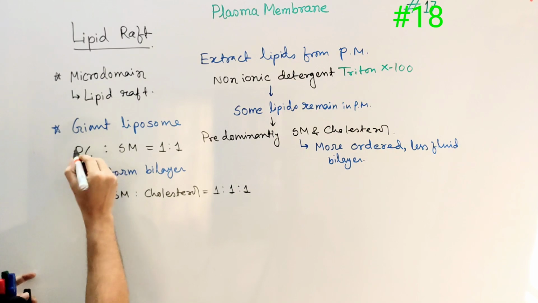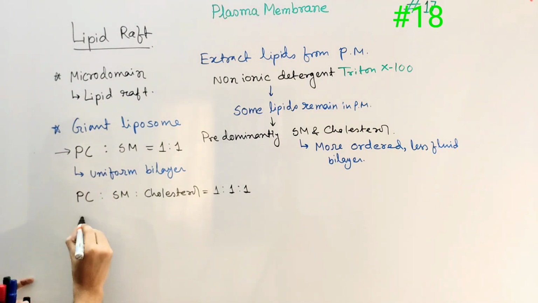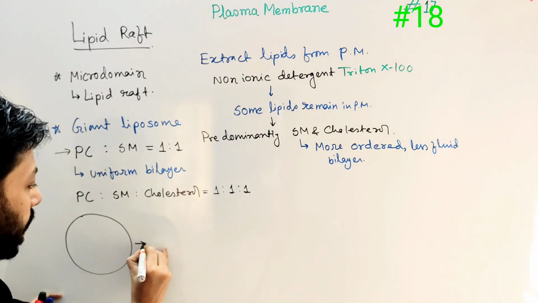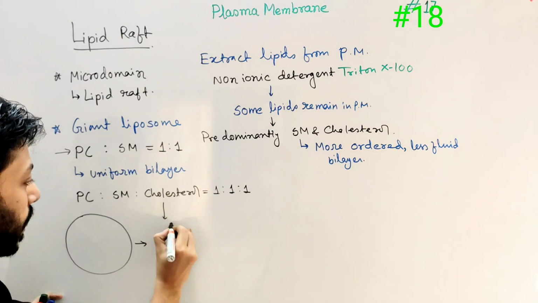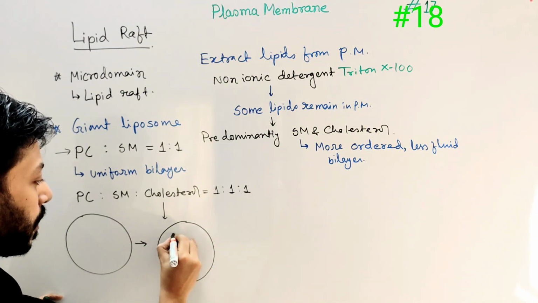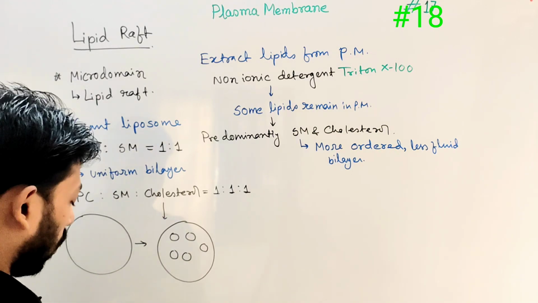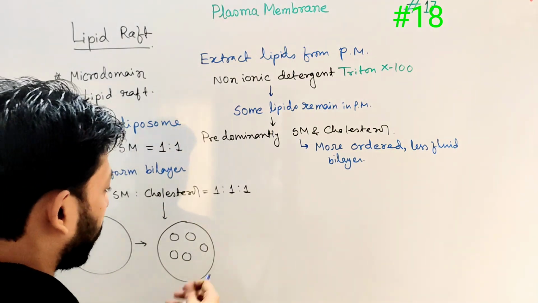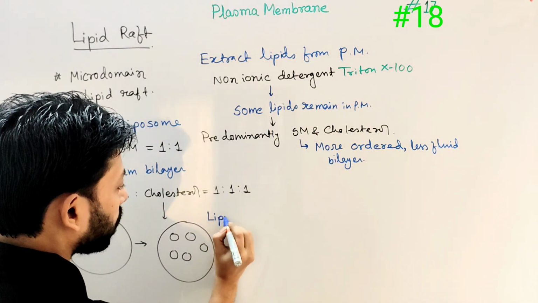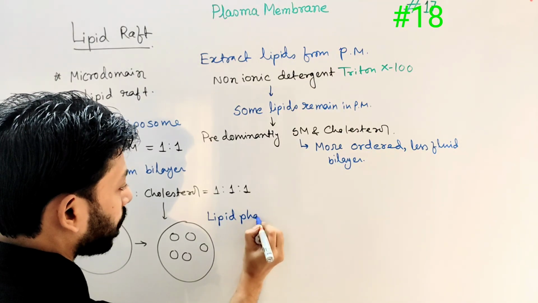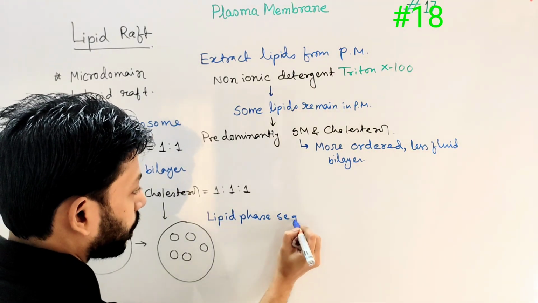Let's suppose the liposome looks like this. Then when we introduce cholesterol, small microdomains appear, and this is called lipid phase segregation.